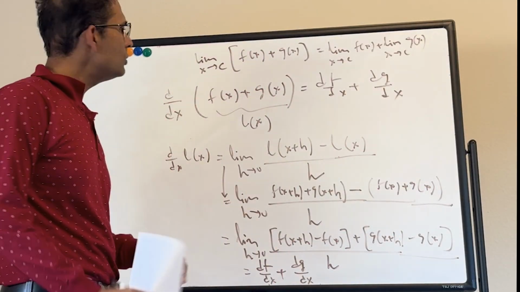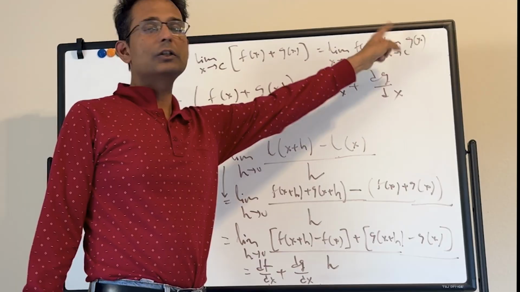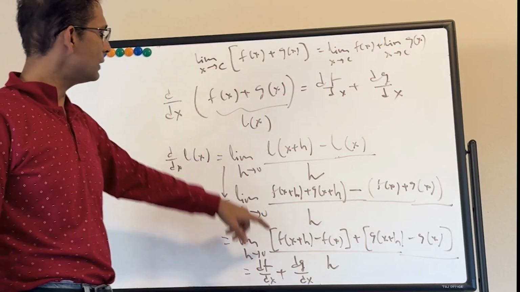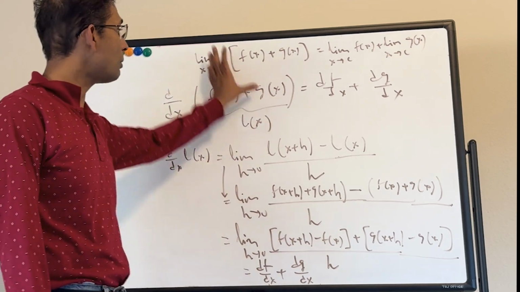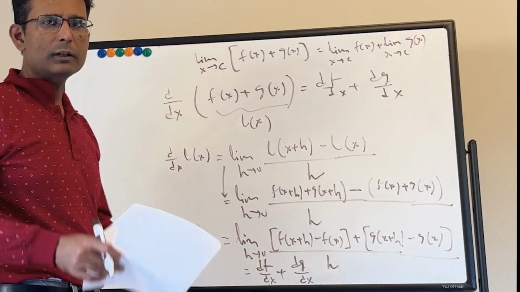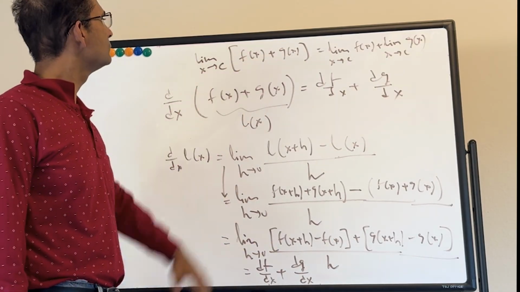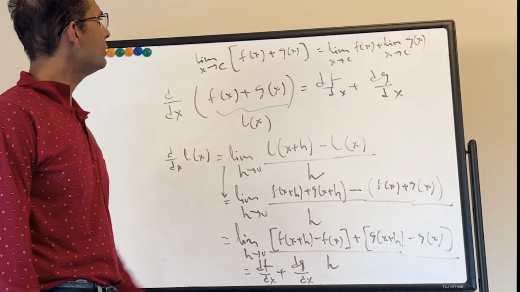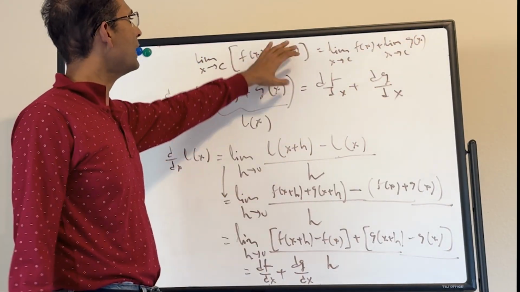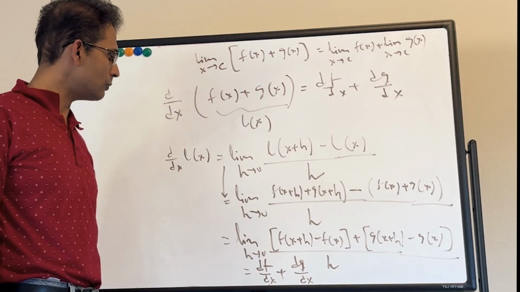It's kind of intuitive, like the limit gets distributed. That is something we used here. This is a property of limits which is true. You can take the individual limits and add them up, which is the same as adding the functions up first and then taking the limits. Anyway, it holds, it's true, and we used it here.